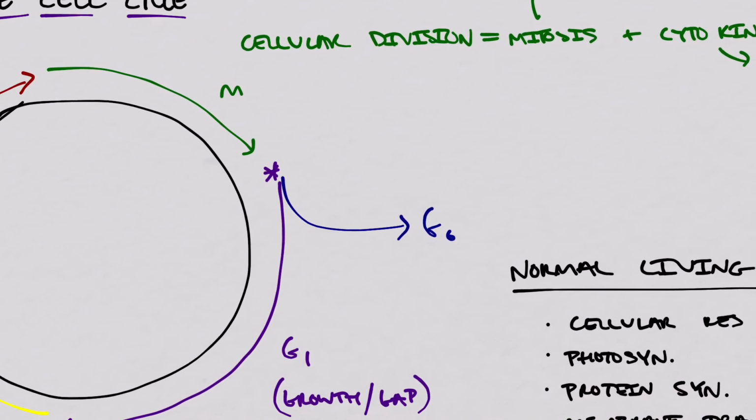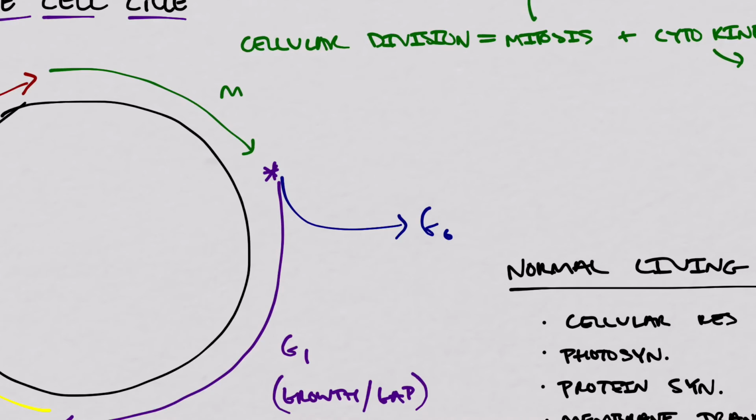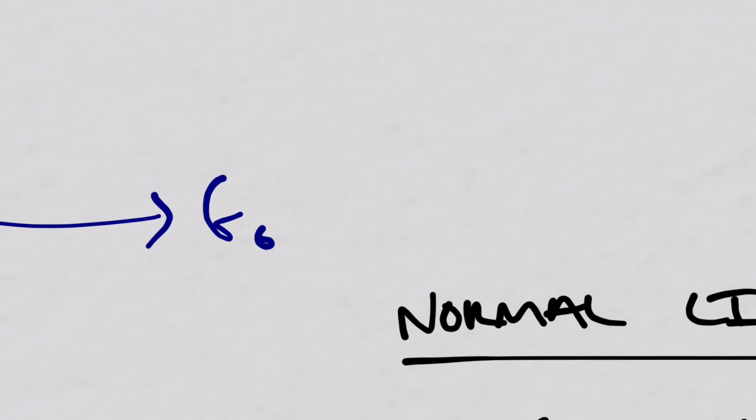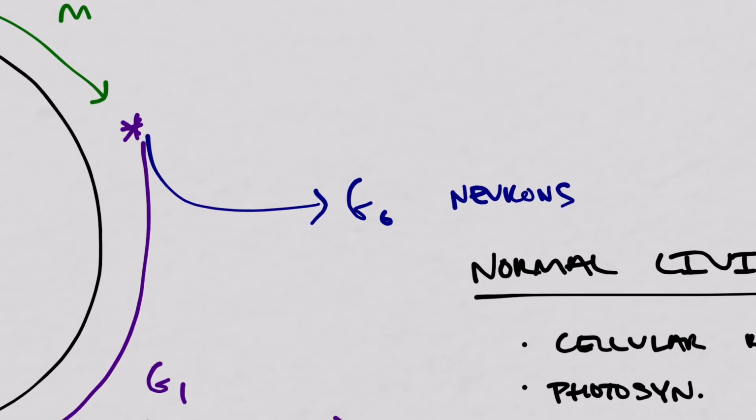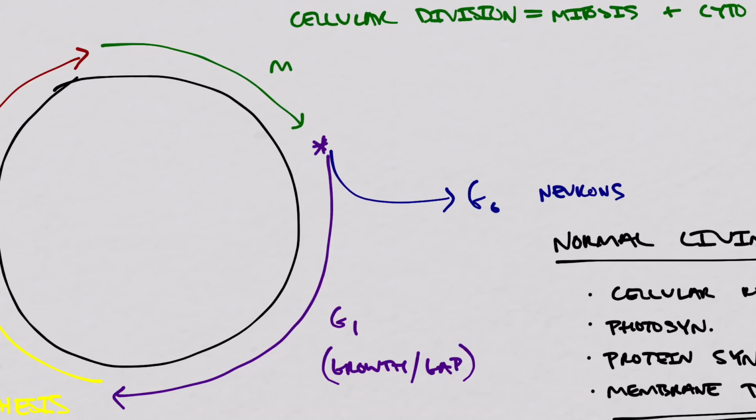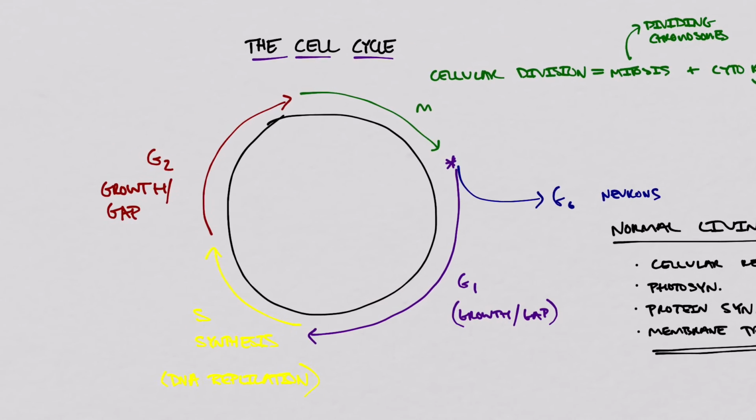And this G0 phase is a phase of no more growth and no more division. So for example, neurons enter the G0 phase. They are not dividing or growing anymore.